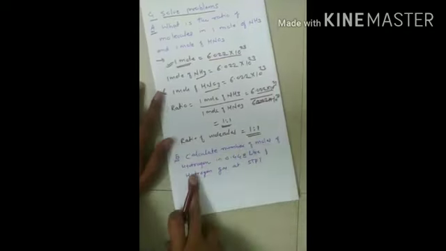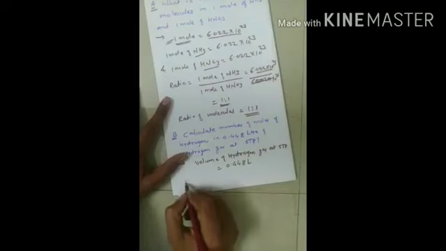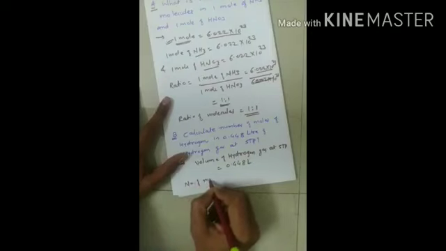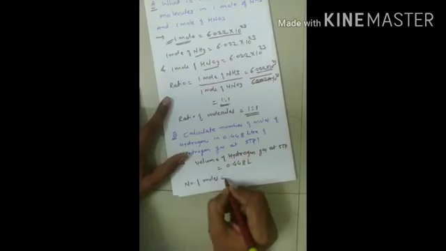Now we all know the formula: number of moles equal to volume of gas at STP to the molar volume of gas. So this should be molar volume, isn't it? Now if we know these two terms, we can easily get the number of moles, and that is what we have to calculate.